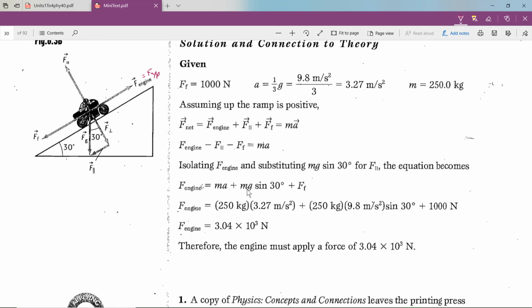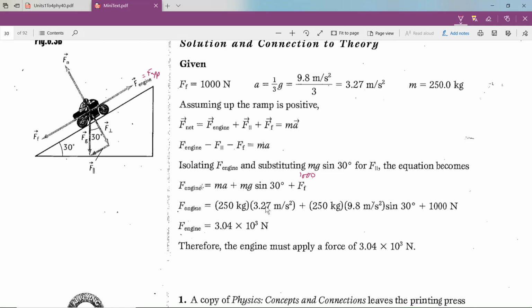F parallel we know is mg sine theta. Here theta is 30 degrees. Force of friction we know is 1,000. So going up the ramp, the applied force is going to be m times a. So 250 times the acceleration up the ramp, 3.27, plus 250 times g, g is 9.8, times sine 30 degrees.